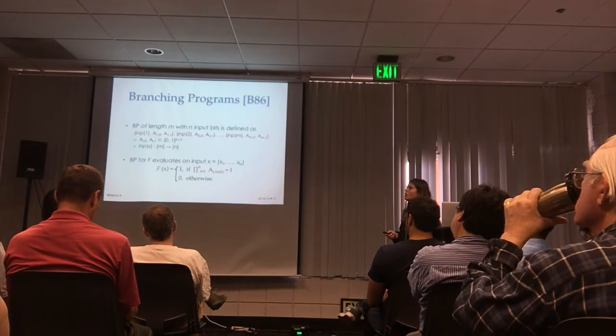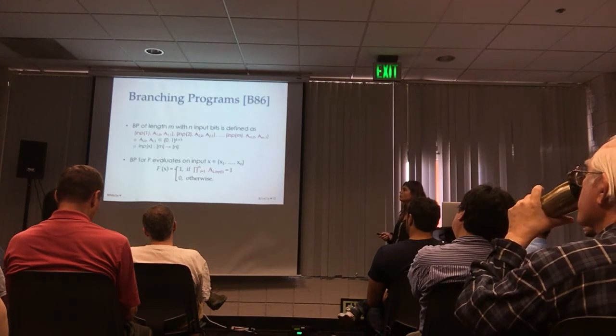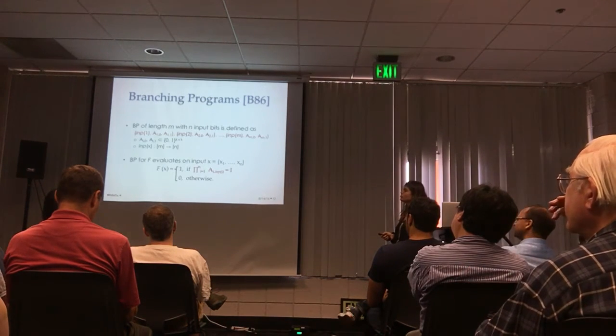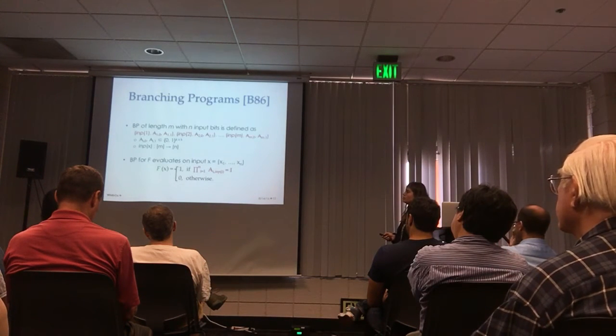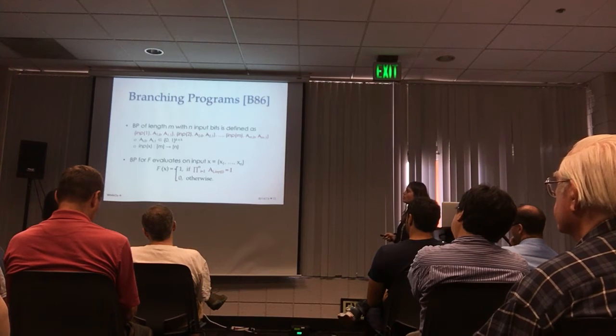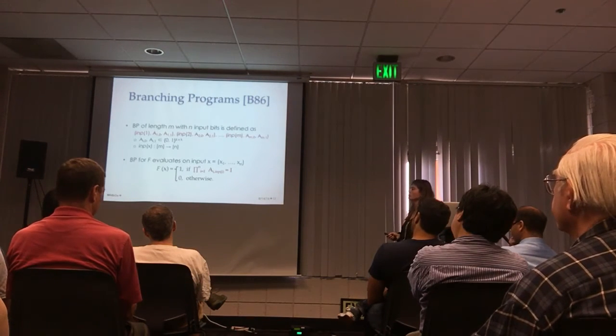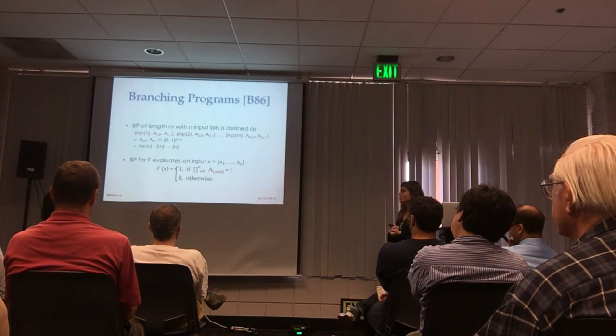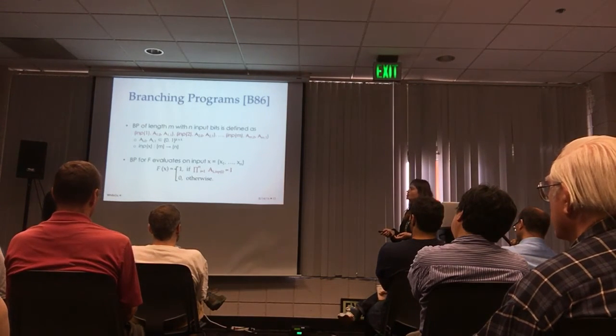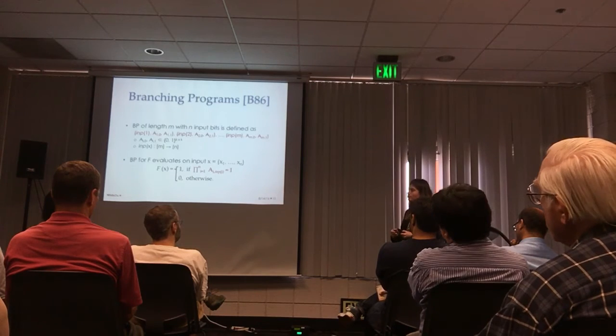If you want to evaluate a branching program for a function f, in each position you select the matrix that corresponds to the value of the input bit. You multiply all the selected matrices from the branching program, and then you check whether the result is the identity matrix. If so, you output 1, and otherwise you output 0.